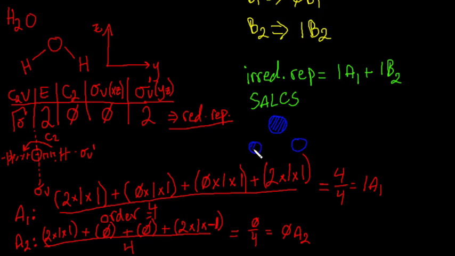In this case here, they're all in phase, and it's a bonding orbital. And this right here would be our A1.